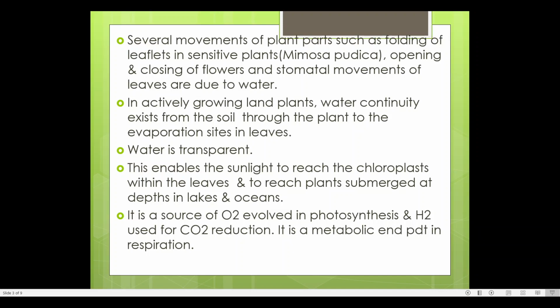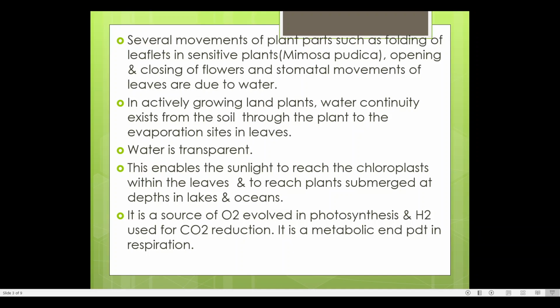In actively growing land plants, water continuity exists from the soil through the plant to the evaporation sites in leaves. So, in actively growing terrestrial plants, water continuity has to be maintained from the soil to the top of a tree. So, in tall or huge trees, water continuity should be maintained as a water column.